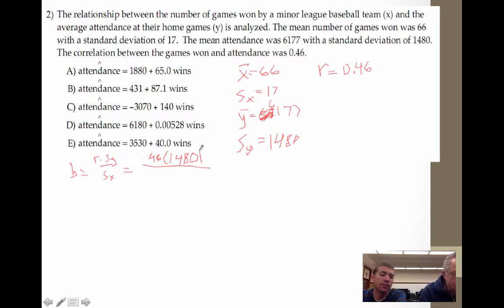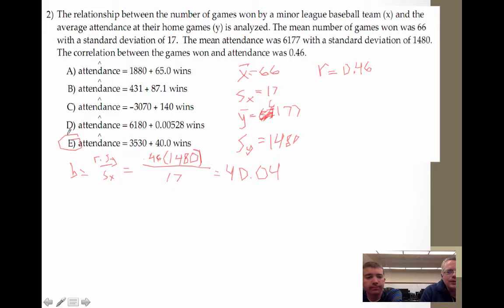Is 40.04. Mr. Lewis, 40.04. We have a winner. Is it the same letter we did the last time? E. Yes, it is. I'm going to start guessing E everywhere. Now, we could go and verify the value of A, just use the formula for A.